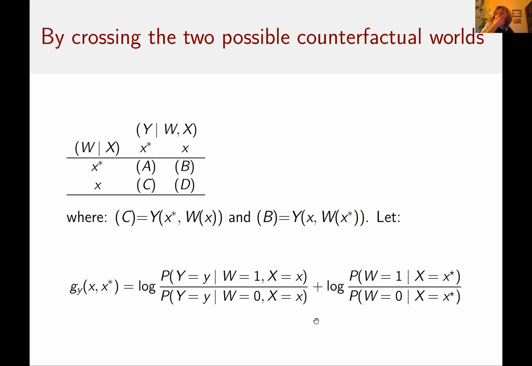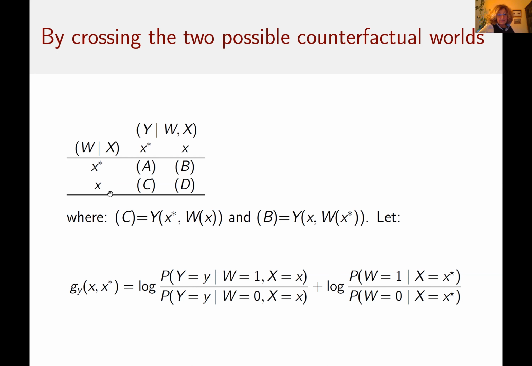Now, remember that the counterfactual effects arise by crossing two possible worlds. In one, you are conditioning on X star for the purposes of W, whereas in the other, you are conditioning on X for the purposes of Y. So the question we are now posing is, can we cross them and do it parametrically?